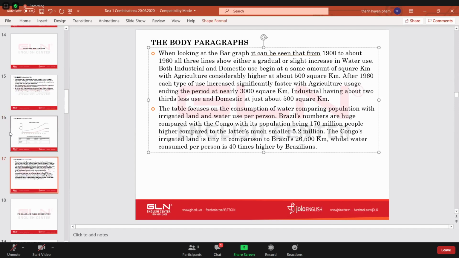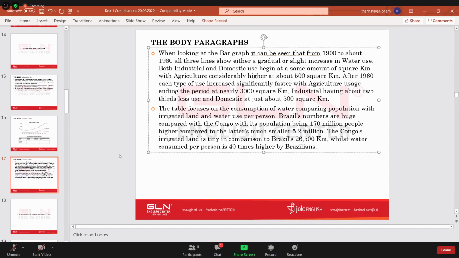After 1960, each type of use increased significantly faster, with agricultural usage ending the period at nearly 3,000 square kilometres, industrial having about 2/3 less, and domestic at just about 500 square kilometres. So what I have done there in that sentence is actually analysed.